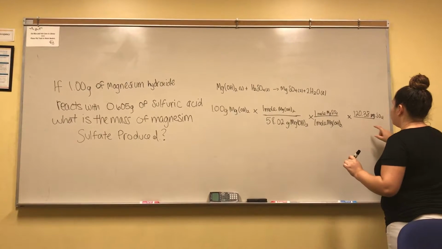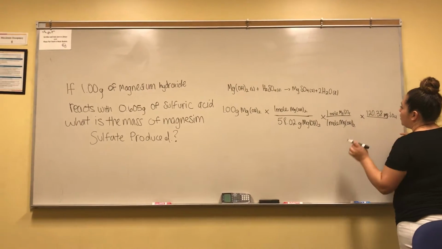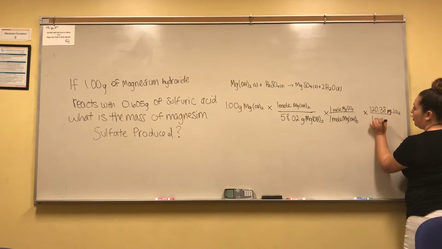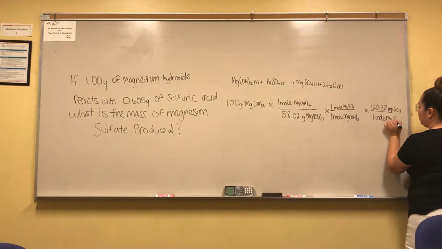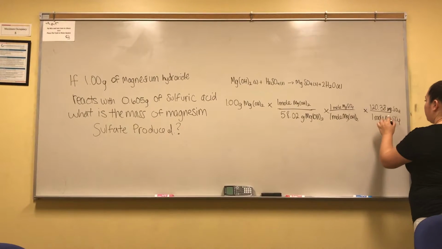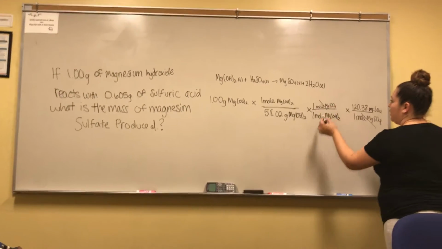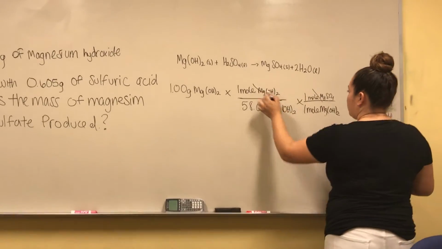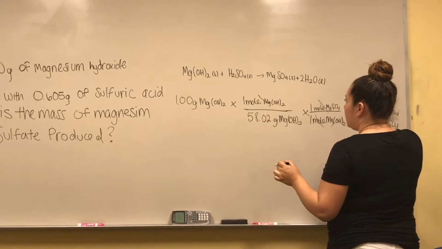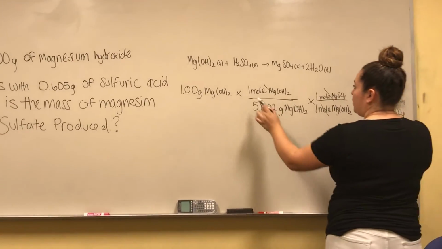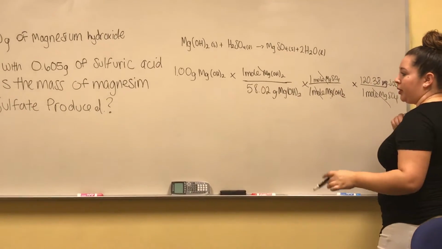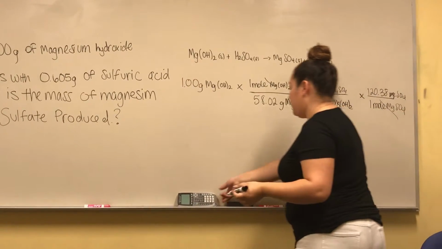So what you would do is you would put 1 mole of magnesium sulfate. So here, these cancel out, and then these cancel out. So all you have to do is multiply your top and then divide by the bottom. So let's do that.